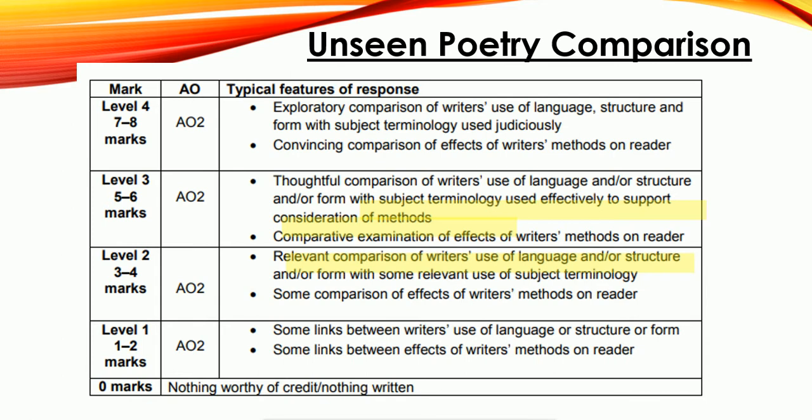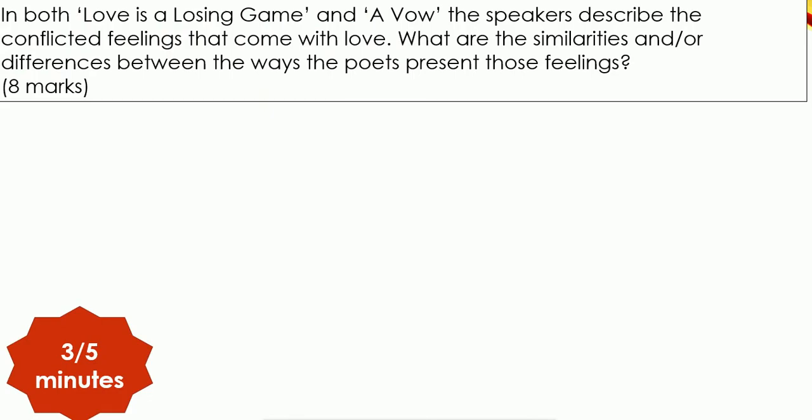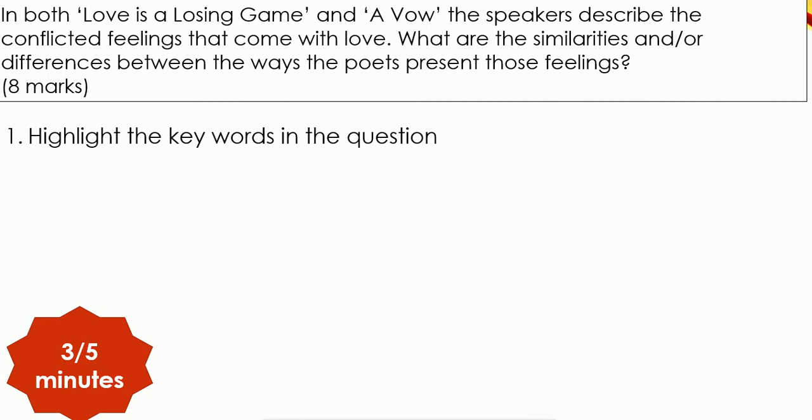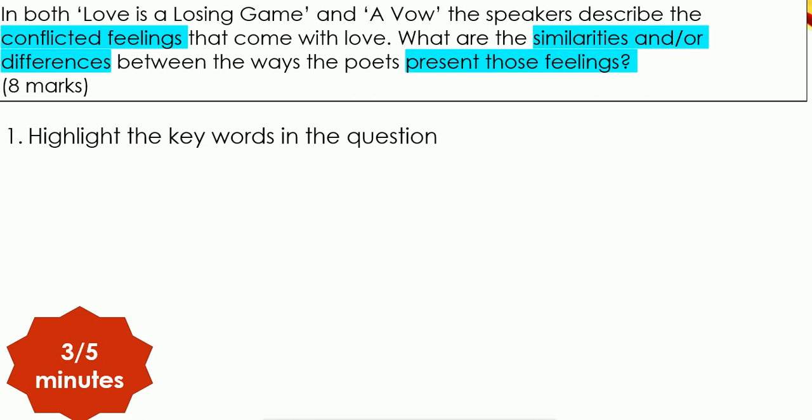So it's only AO2 here that you are really focusing on. So in the question, it points out Love is a Losing Game and A Vow. The speakers describe the conflicted feelings that come with love. And it asks you what are the similarities and/or differences between the ways the poets present those feelings. So again, highlight keywords in the question.